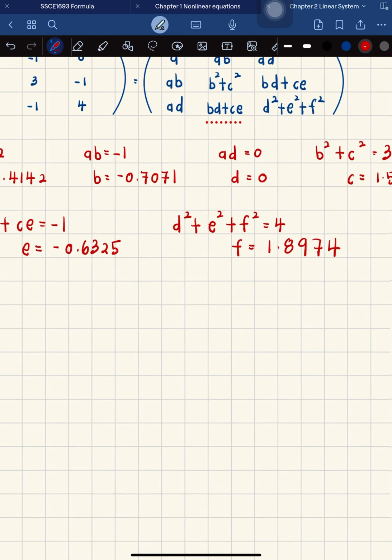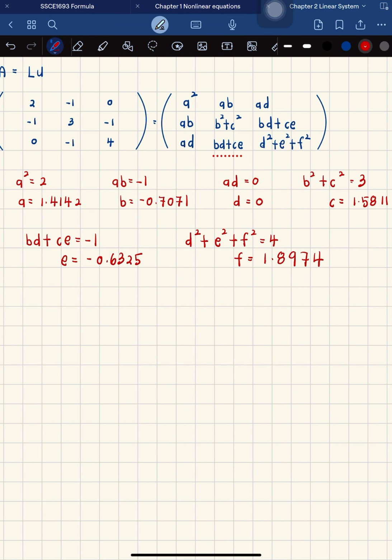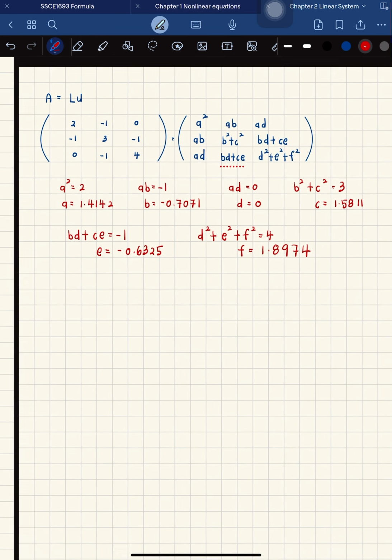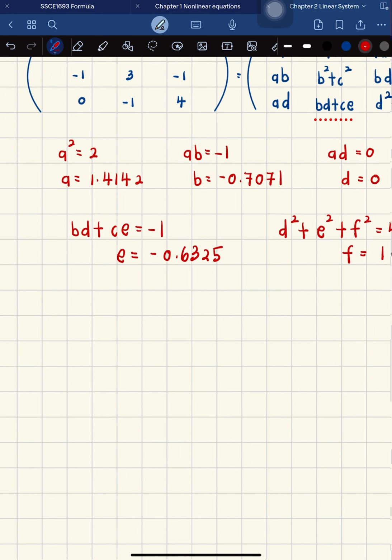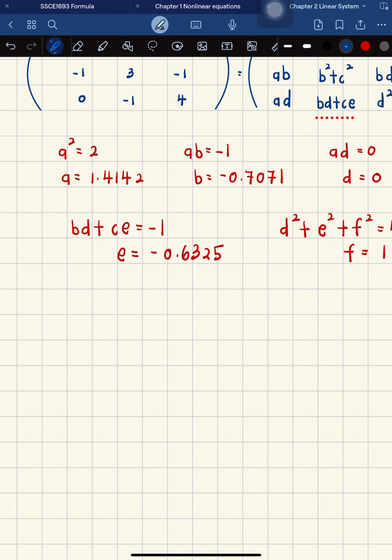So we have all the values A, B, C, D, E, and also F. Right, so the second step, we solve Ly equal to B.